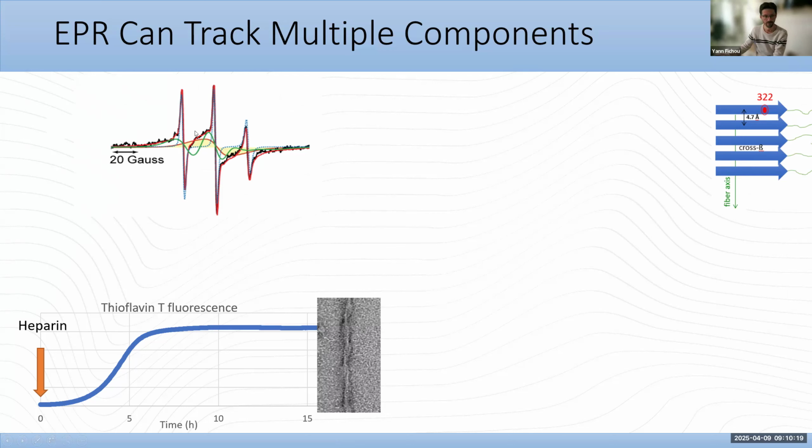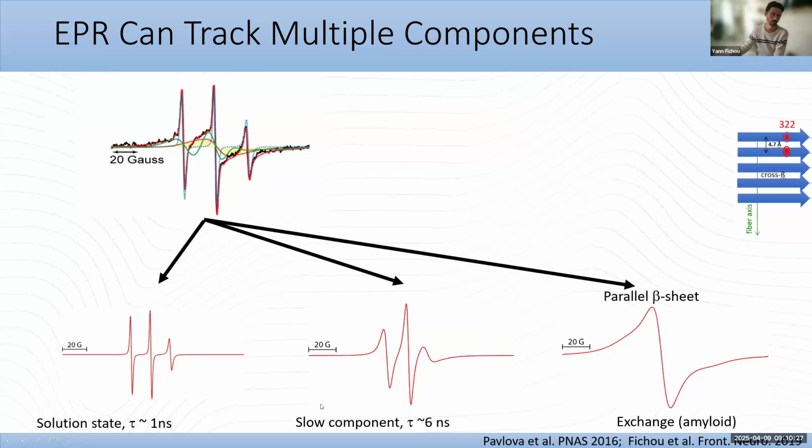So when we form those amyloids, we get a spectrum that you see here, and then we could decompose it into three components. Two of them are quite obvious. One is the monomer in solution. Another one is something much lower because we're forming big aggregates. But then there is also the third component that really comes from the fact that we have in-register.